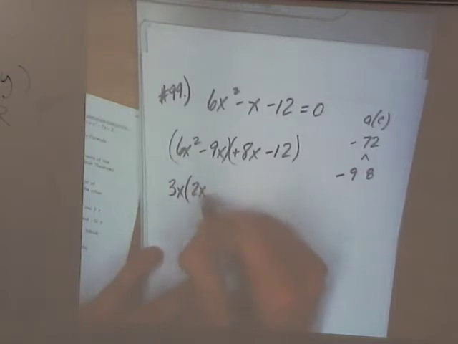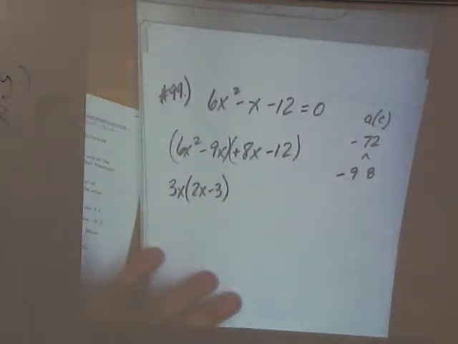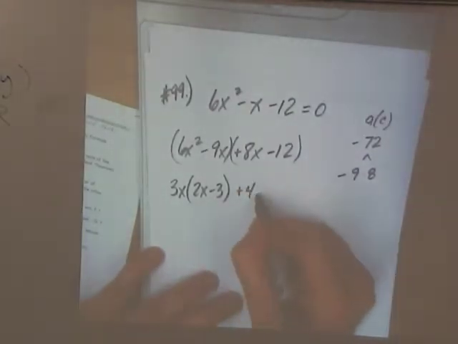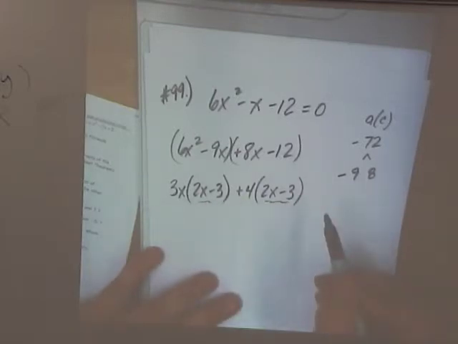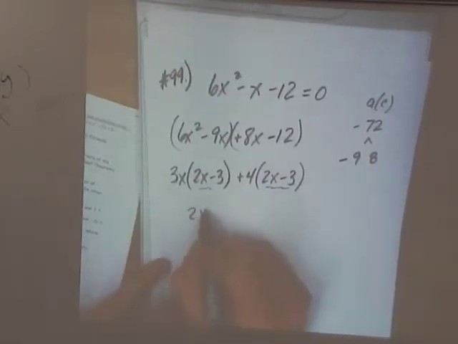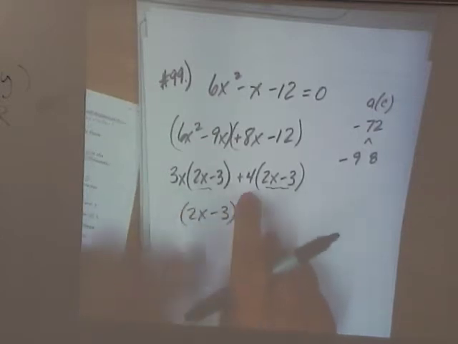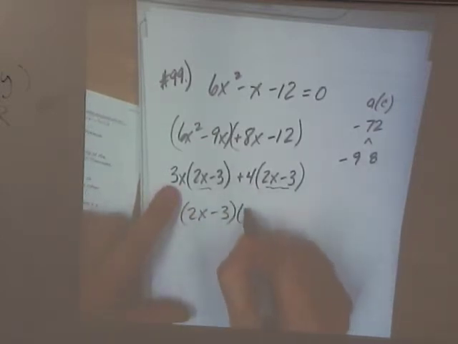That leaves 2x minus 3. What can I pull out of the second grouping? Plus 4. That'll leave 2x minus 3. What's inside the parentheses is the same. That means I did it right. So it'll be 2x minus 3, and then what's on the outside? 3x plus 4.